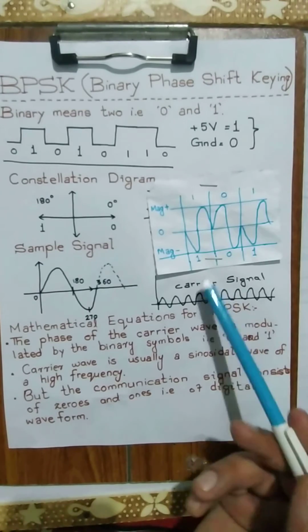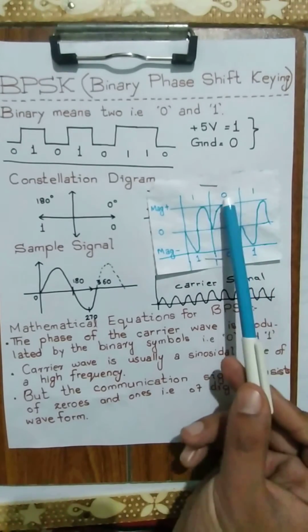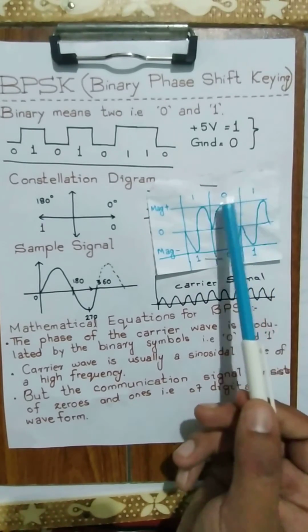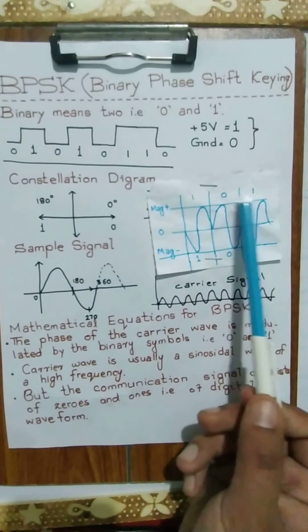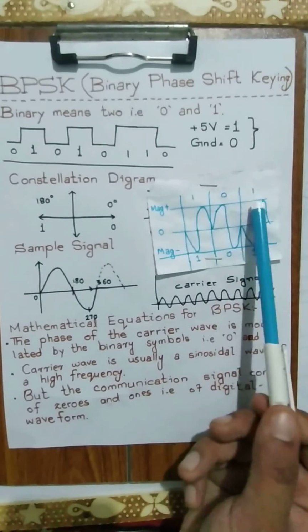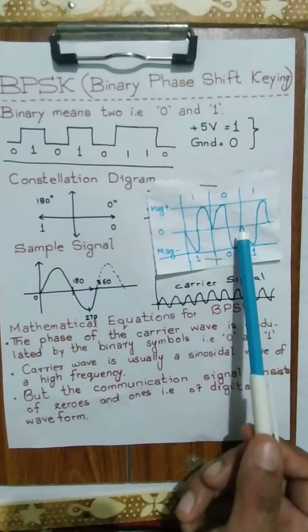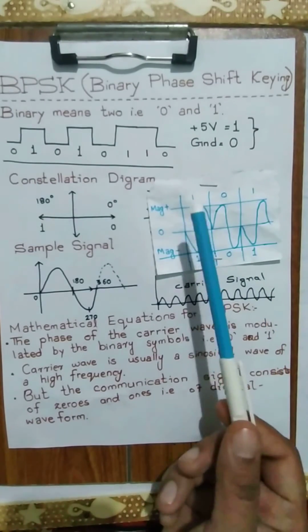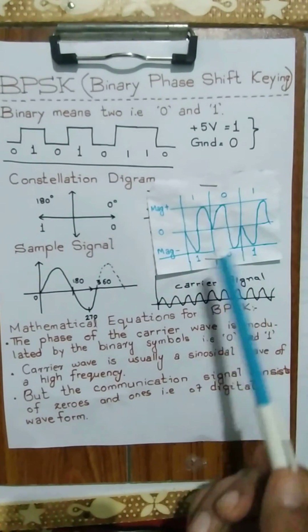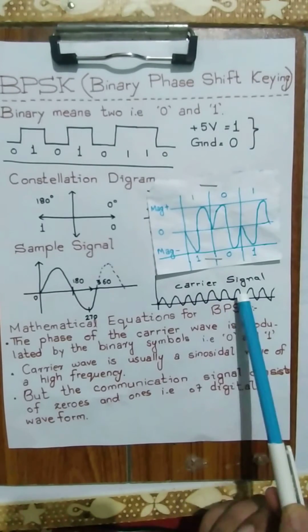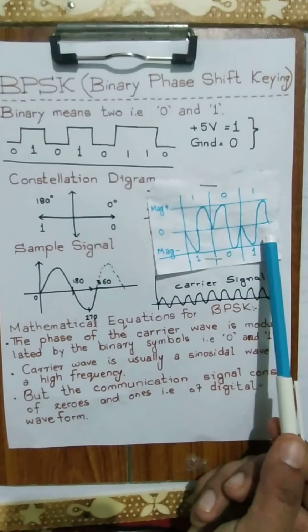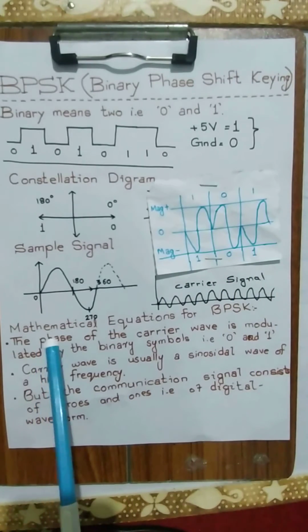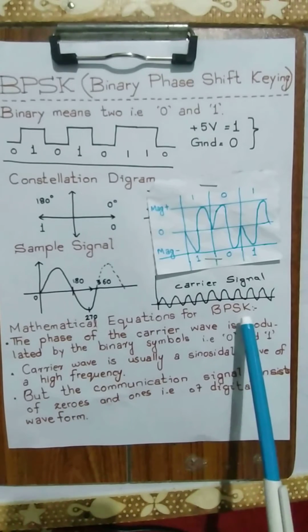Then the information signal, or the data signal, or any signal which has some sort of information, will deal with the carrier signal like this. So the carrier signal after combining with the information signal is not just like this one, but like this one after combination. Now we will come towards the mathematical equations for BPSK.